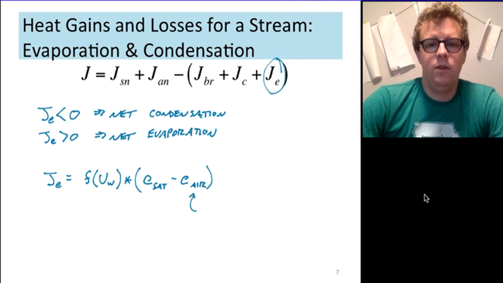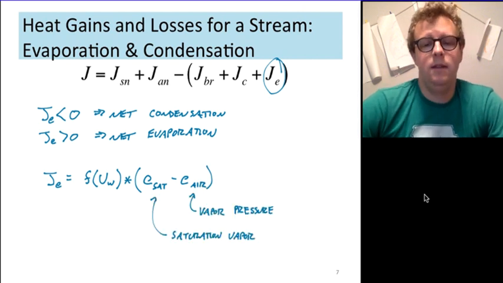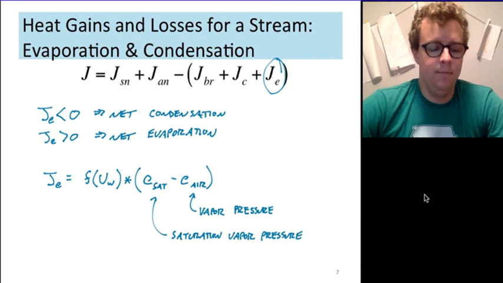You've got your wind function again, and then you're multiplying that by the difference between the actual vapor pressure, E air, and the saturated vapor pressure, E sat. And again, if you take a read through Lecture 30 in Chopra, he walks you through where you can calculate these based on humidity, relative humidity and temperature in the atmosphere.